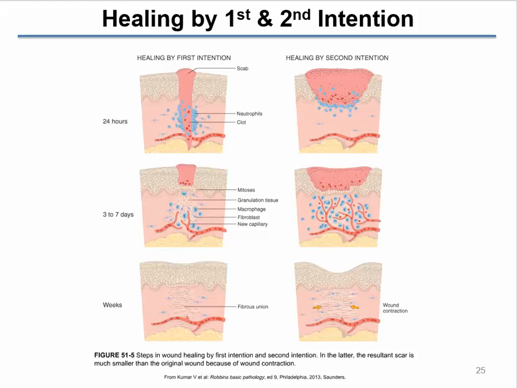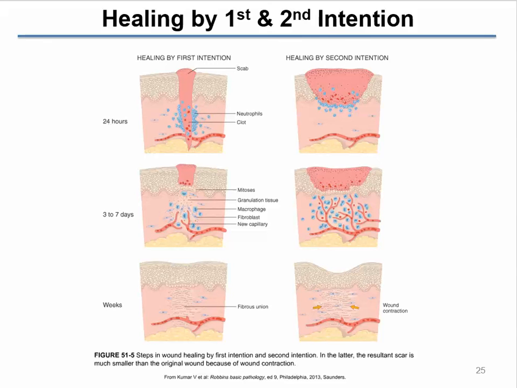We get this kind of thing in road rash or burns or things like this. There's way more to bridge. Now this takes a while to heal. It's slow, and large, ugly scars can happen because of this.